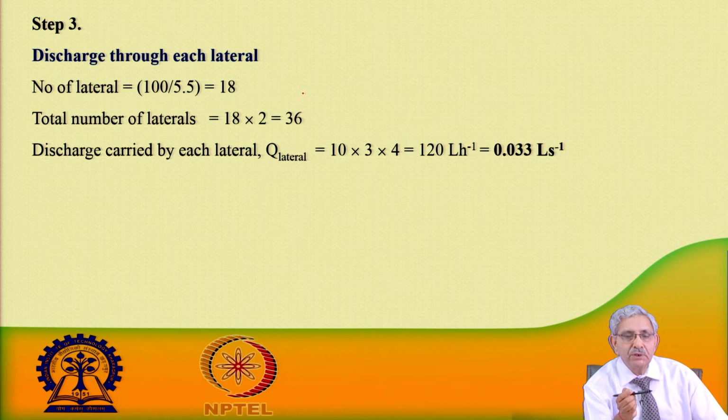Now, we found out there will be 10 plants on each lateral.